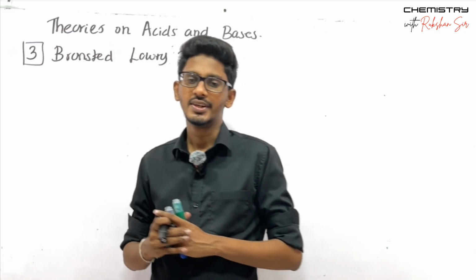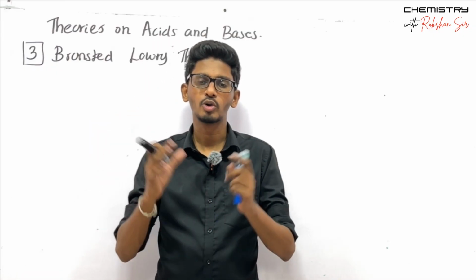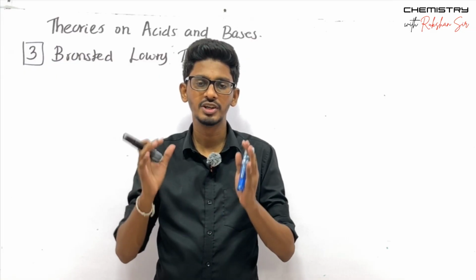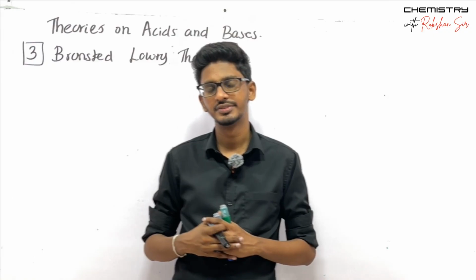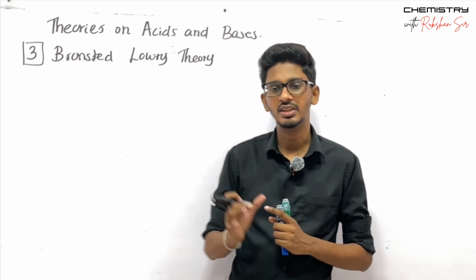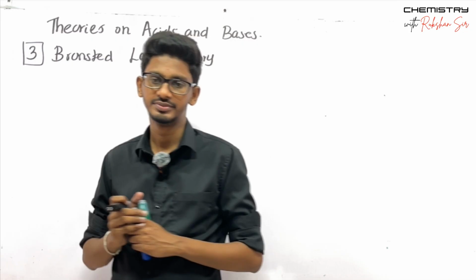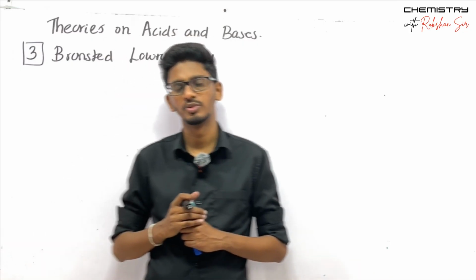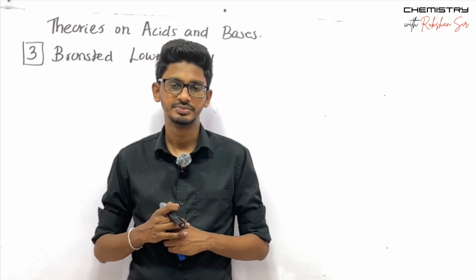Species which release protons, or which are capable of releasing protons or H pluses, are referred to as Brønsted-Lowry acids, while the species which are capable of accepting those H pluses, those protons, are known as Brønsted-Lowry bases.